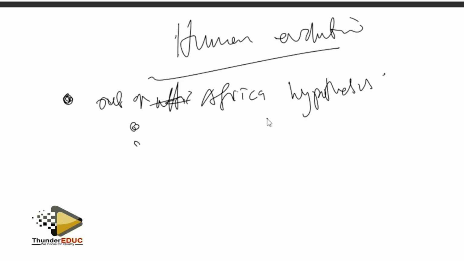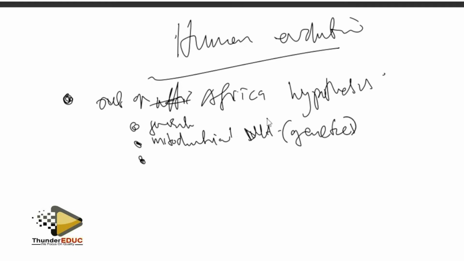Number 2, here you have to tell us the evidences. Evidences of that is fossil. You have to tell us the mitochondrial DNA. Sometimes you call it genetics. Then you have to tell us cultural evidence.